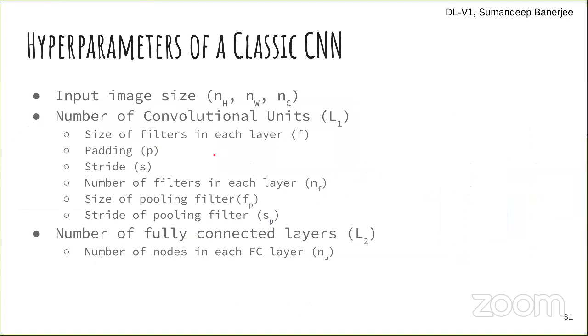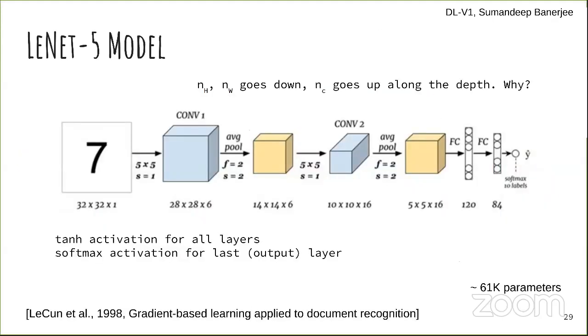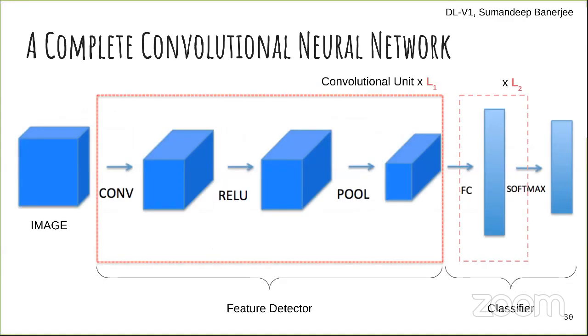Okay, let's move on. Here's the whole collection of hyperparameters that we could have in a classic convolution network. By classic, I mean one which follows the pattern of LeNet, and even many of the latest algorithms being proposed more or less follow this template.